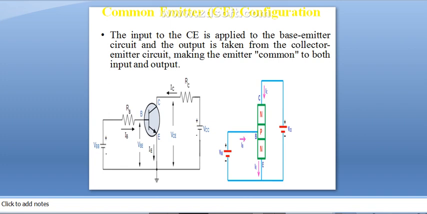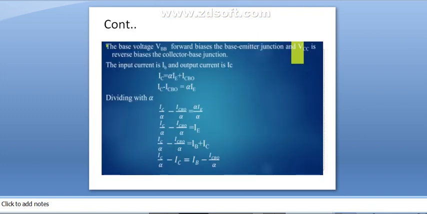On the input side the positive terminal is connected to P-type material. So VBB forward biases the base emitter junction and VCC reverse biases the collector base junction. Here the input current is IB and the output current is IC.